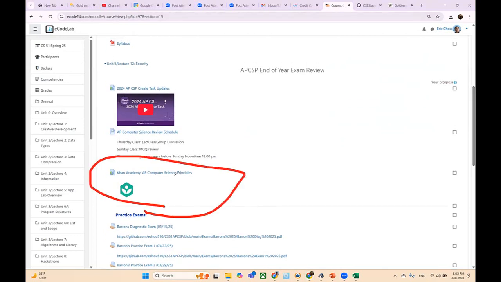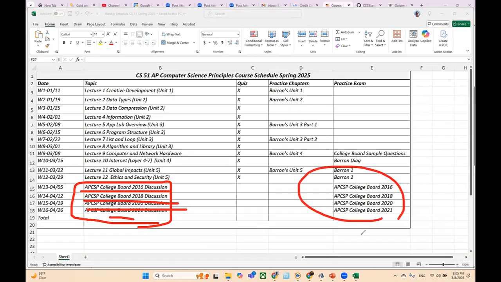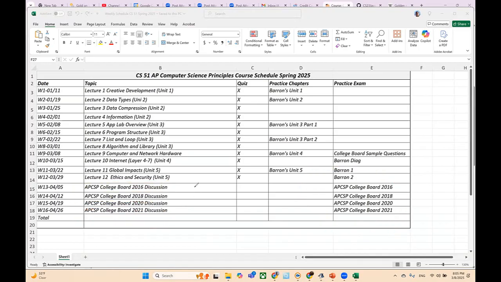This is very good. Other than that, we will basically be working on 4 weeks of the College Board's problem sets, 16, 18, 20, 21. Okay, 4 sets. And we'll review all of them. So these 4 weeks are for reviewing.